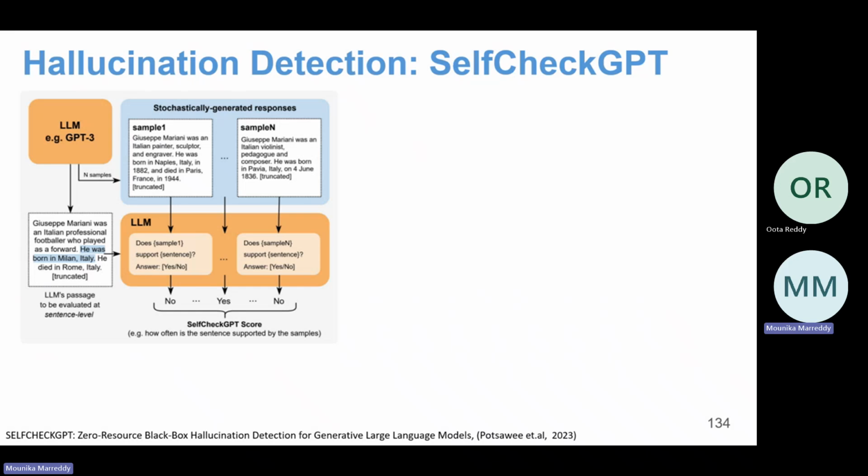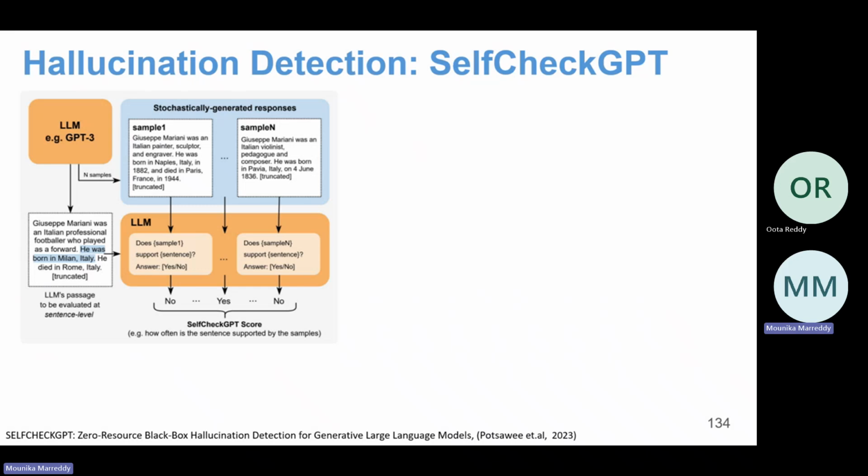So what is the motivating idea here? The motivating idea of SelfCheckGPT is that when an LLM has been trained on a given concept, let's say GPT-3 is trained on some concept, the sample responses are likely to be similar and contain consistent facts.